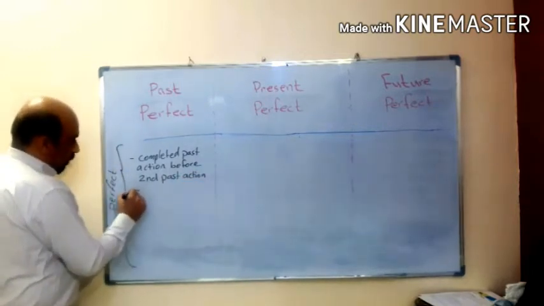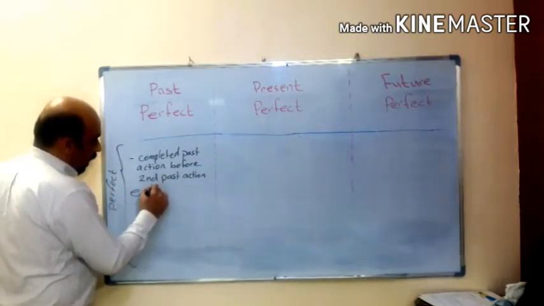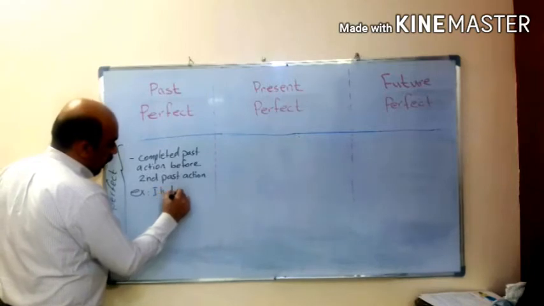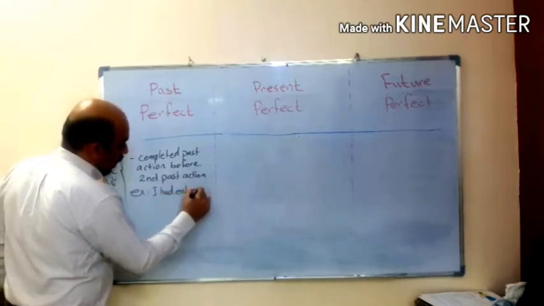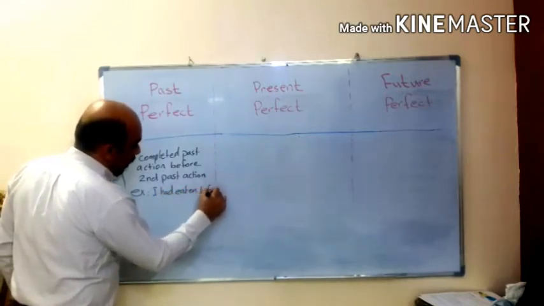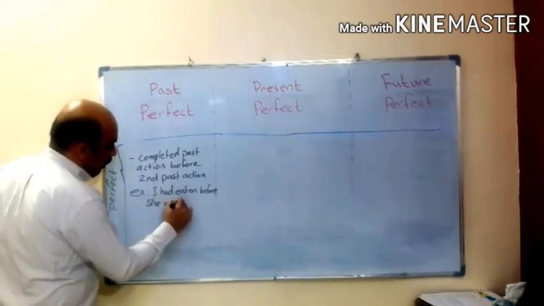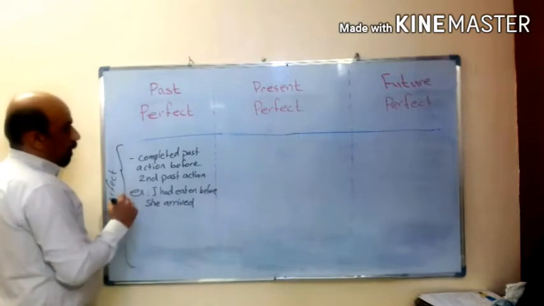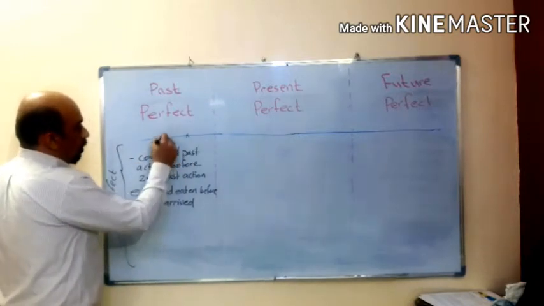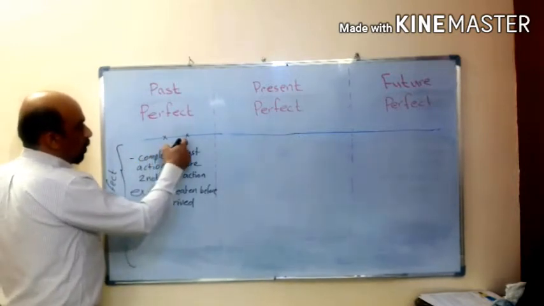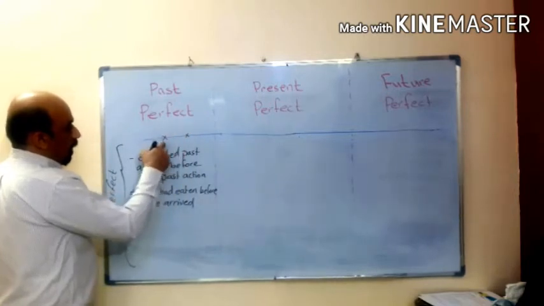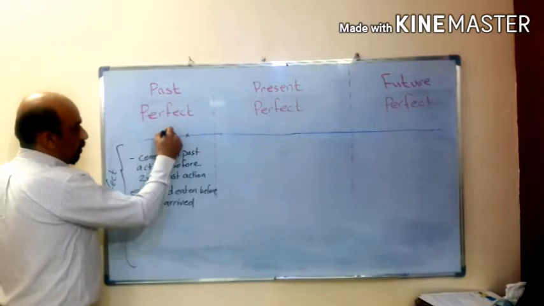For example, I had eaten before she arrived. That means we have two past actions, one with past simple, the other, the former one, with past perfect.